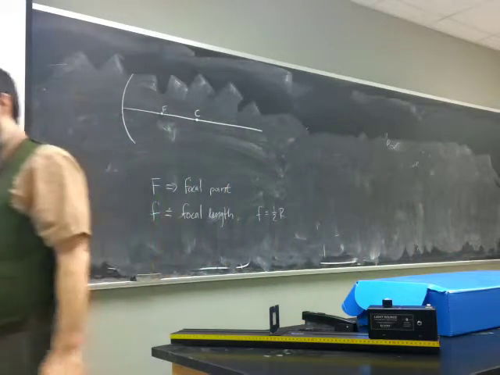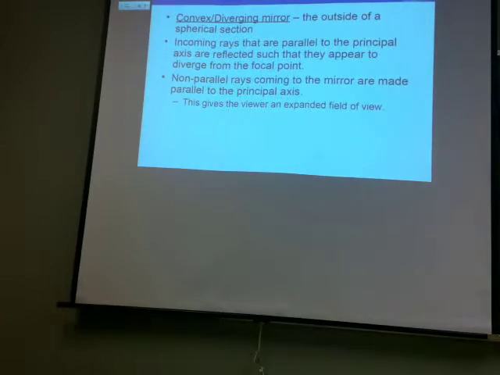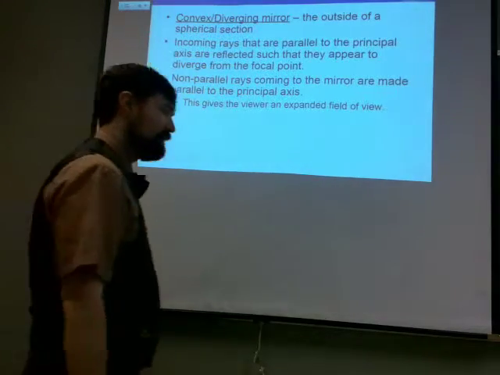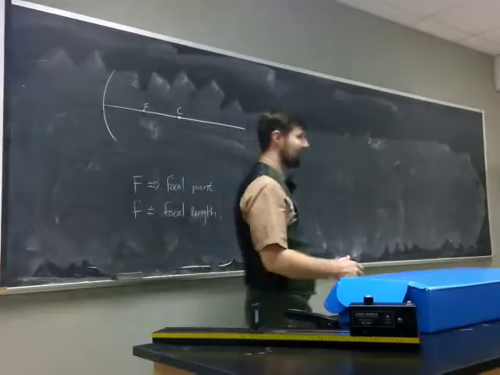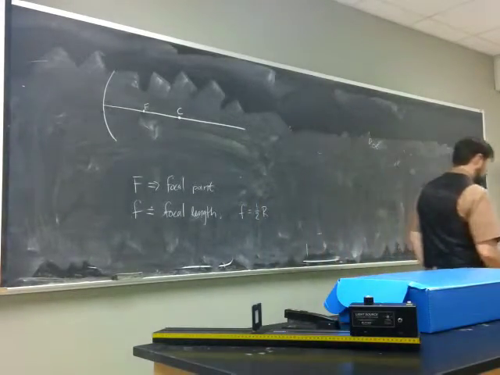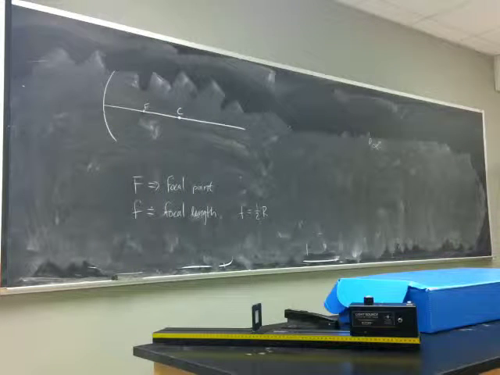Well, in order to have an image, we have to have some object that the mirror actually images. And if we have an object, then that object is going to be placed at a particular location relative to the mirror.